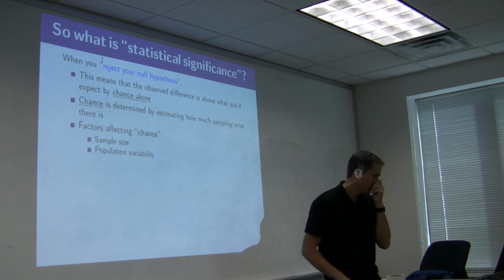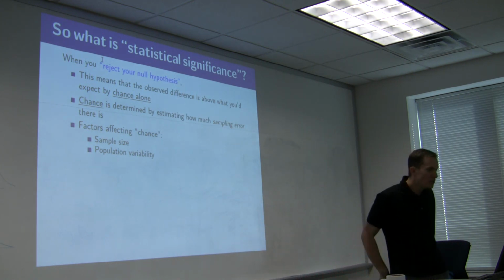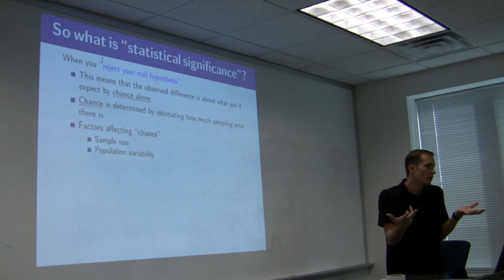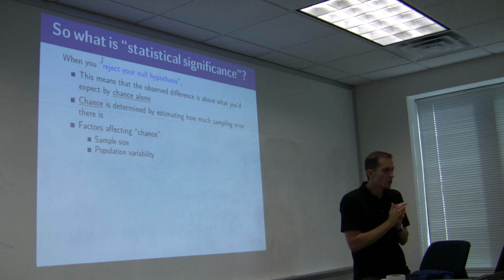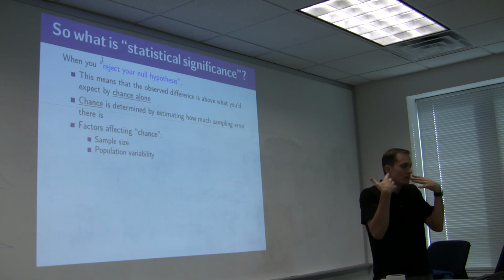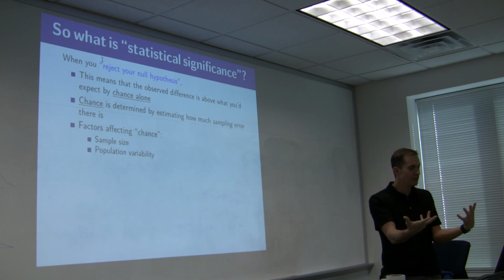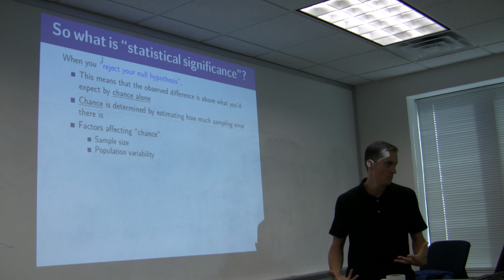So what is this whole statistical significance thing? When you get this output on the stats program that makes you think, oh, I reject the null, what are you doing? You are saying that the observed difference, the difference you're seeing in your data, is above what you would expect by chance alone.